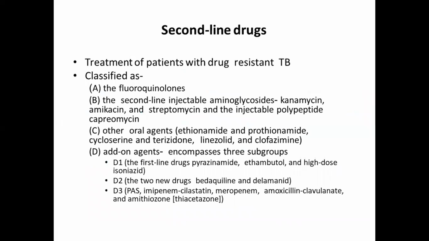Now, moving on to the second line drugs. Second line drugs are only reserved for patients who have developed drug resistant tuberculosis to the first line drugs, and they are classified into four groups. The first includes the fluoroquinolones; the second includes the second line injectable aminoglycosides like kanamycin, amikacin, and streptomycin; the third includes oral agents like ethionamide and prothionamide; and the fourth is the add-on agents, which is further divided into three subgroups.